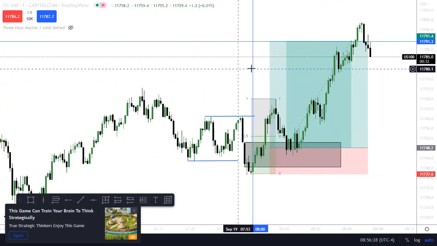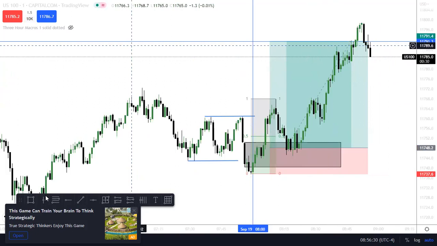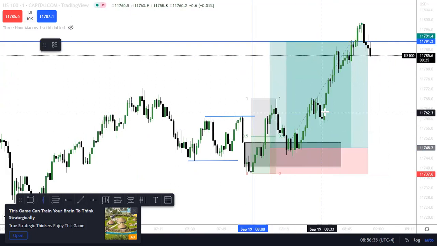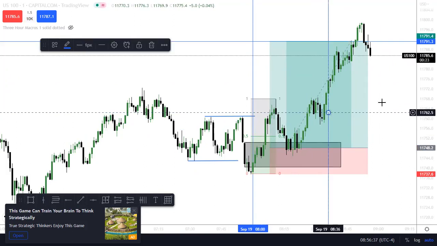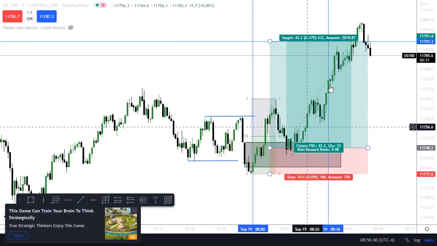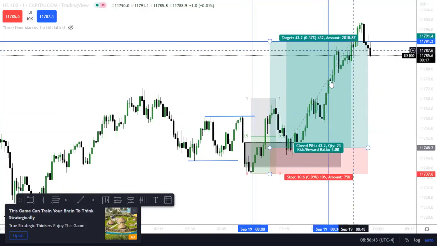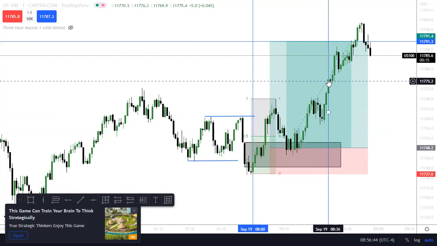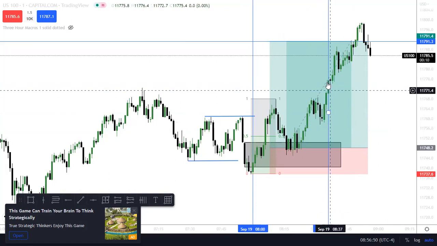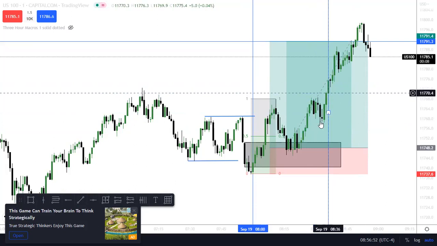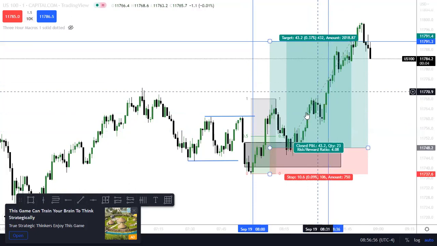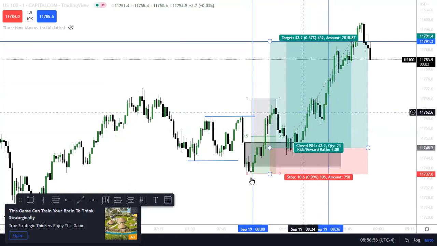I'm gonna introduce, vaguely, an idea right here. At this point in time, I expected this to push higher. So when I was in the trade right here, I was up X amount and I decided to not take partials because of what was happening right here. Already had liquidity taken here.